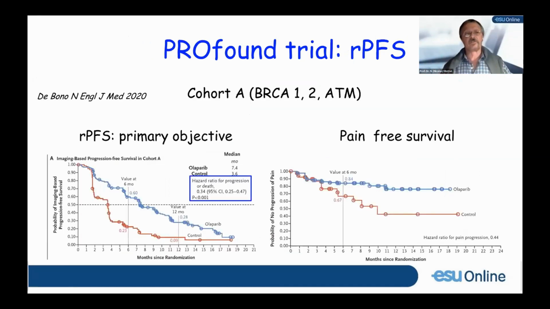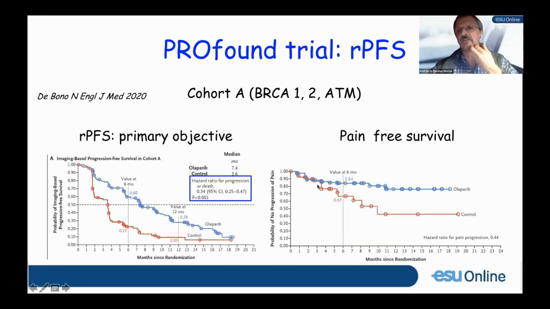You already saw the results. Radiographic progression-free survival, no need to discuss for cohort A, a huge difference. That's fine, but pain-free survival is also there, probably more relevant for patients.